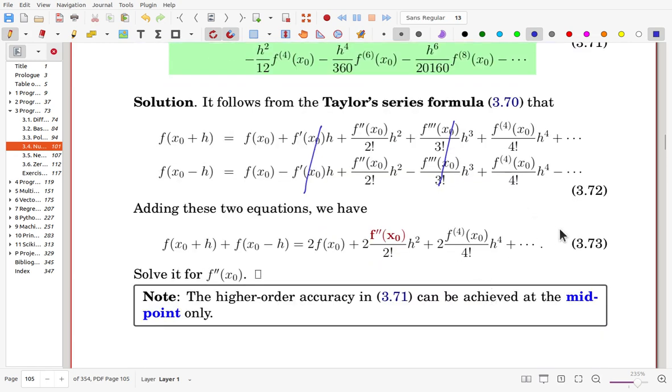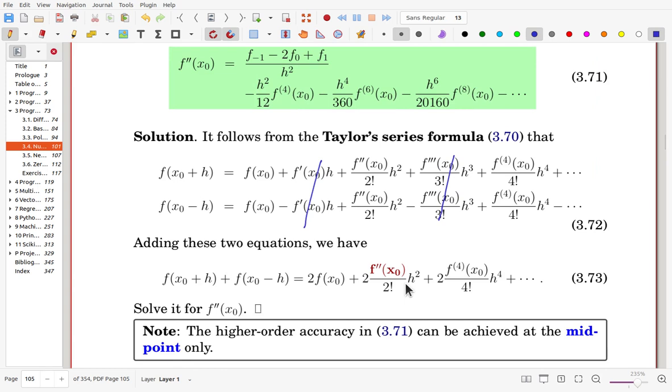Now we solve for f double prime x0. We move this one to the other side, also that one to the other side, and divide by h squared. Then we have this formula. So by using Taylor series expansion, we can get such a midpoint formula, and that is one order higher than the basic theory. It's quite useful.